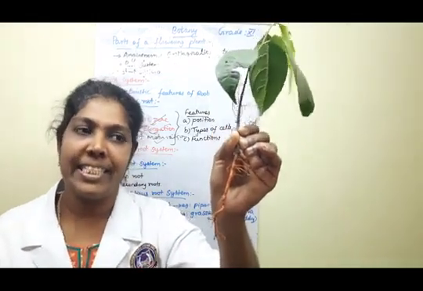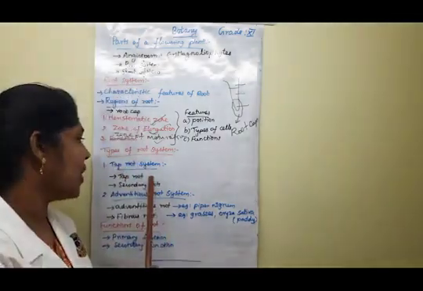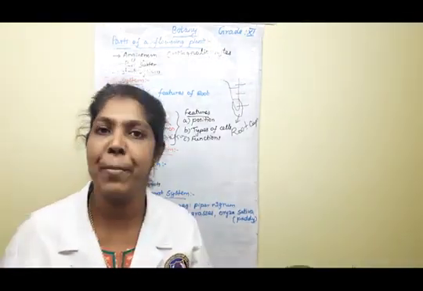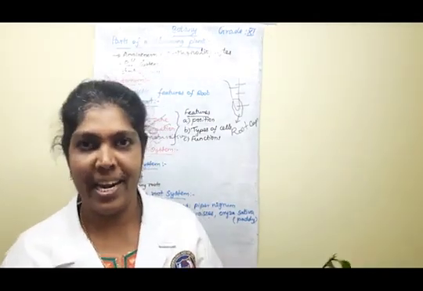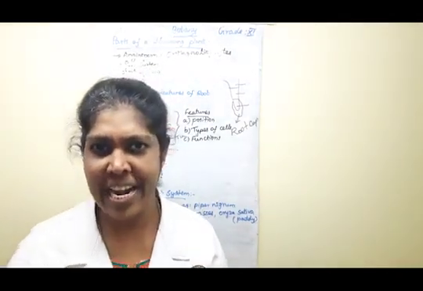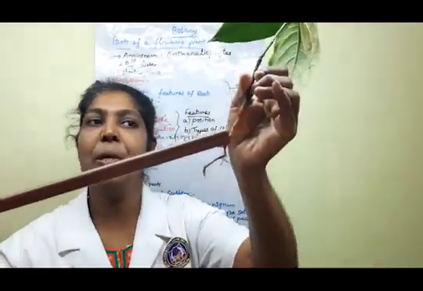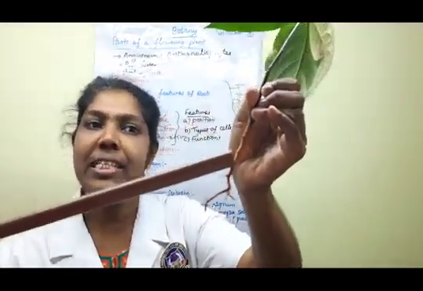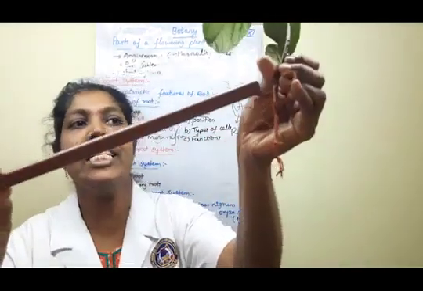Clear? Yes. Then the taproot is also known as the primary root. Then what do you mean by secondary roots? Do you have any idea? This is the taproot or primary root. From this arise lateral branches, isn't it?